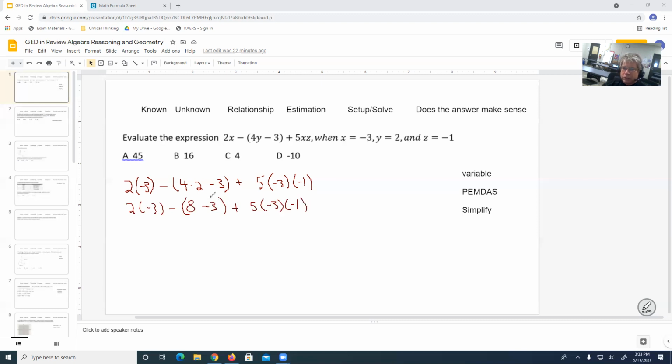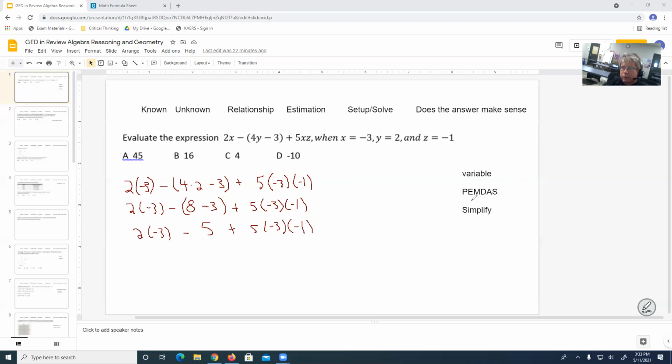And since I still got subtraction to do, I have to do 8 minus 3, which turns into a 5. And those parentheses are no longer necessary, so I can drop them. So I have 2 times then a -3 minus then this 5 plus then this part over here, 5 times -3 times -1.